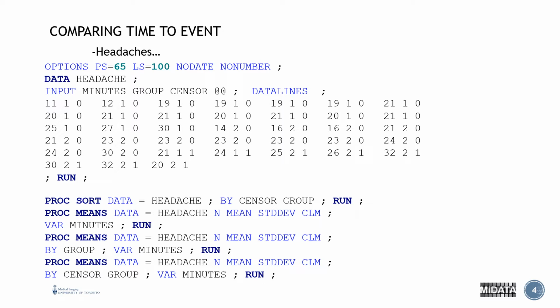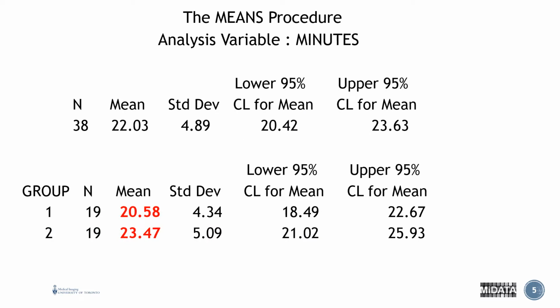Now, on the lower half of the slide, I'm giving you a whole bunch of proc means, and this is just to look at the different means between your grouping variable and also between those subjects that have been censored. Here's your output simplified from your proc means. So the first one is for all subjects. So we have 38 in all. We have an overall mean of 22 minutes.